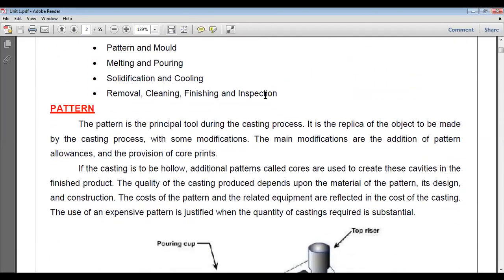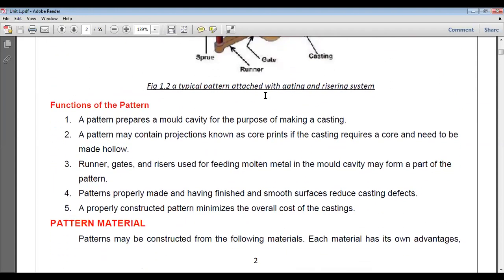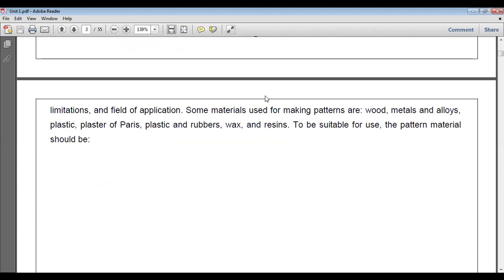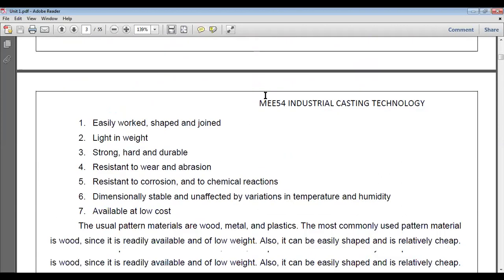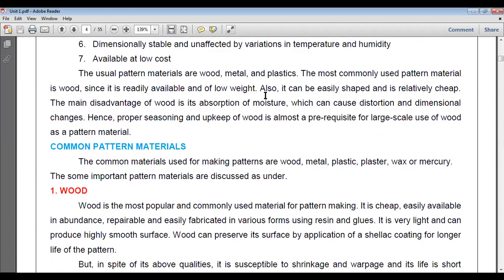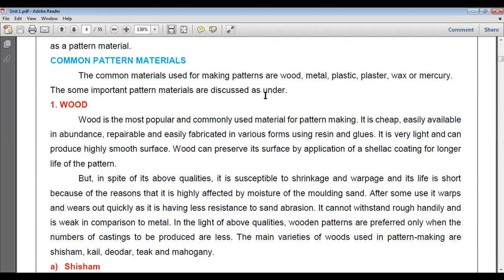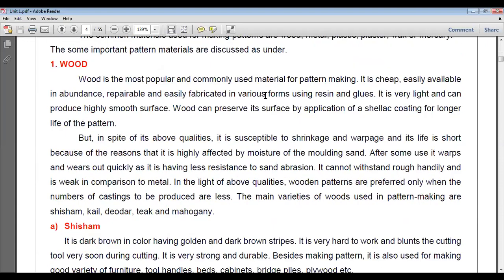Patterns: in the last lecture we were discussing patterns, the types and functions of a pattern, and the materials of patterns. In the pattern materials, we talked about five common materials. One is wood. Wood is the most popular and most commonly used material for patterns.